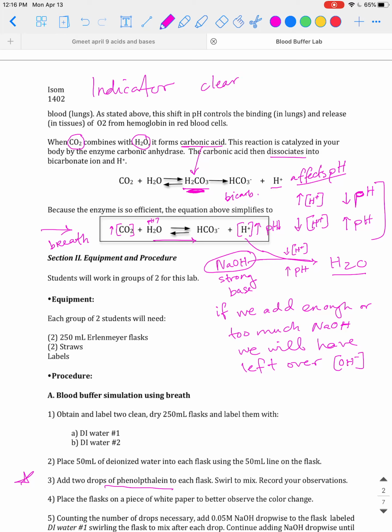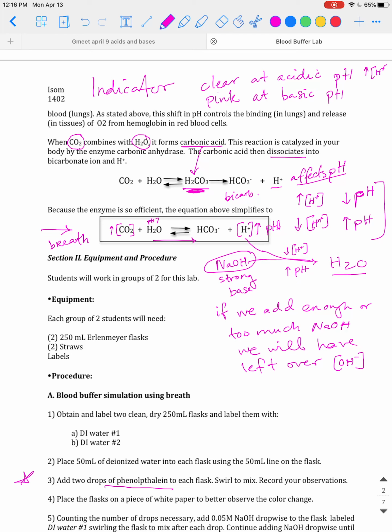okay? So the indicator is going to be clear when we have a pH that is acidic. I'll just write clear at acidic pHs, and then it becomes pink at basic pHs, okay?